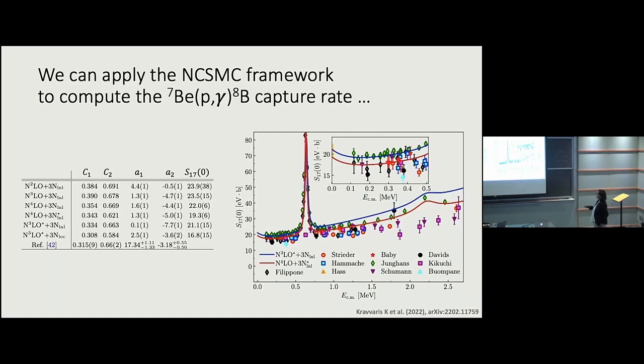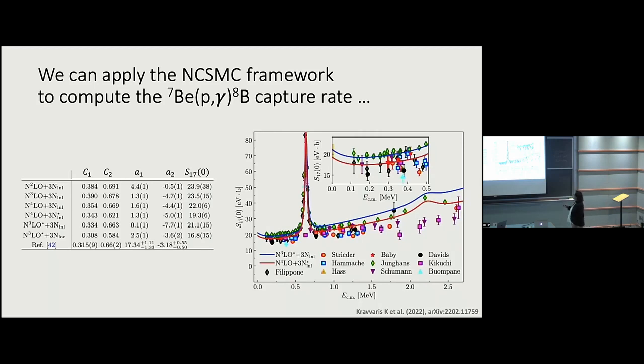What is quoted here are empirical values that were extracted through an R-matrix analysis, so a little bit of a mix between experiment and theory. The good news is that at least we get the same sign, but you know, I wouldn't extrapolate much more than that.